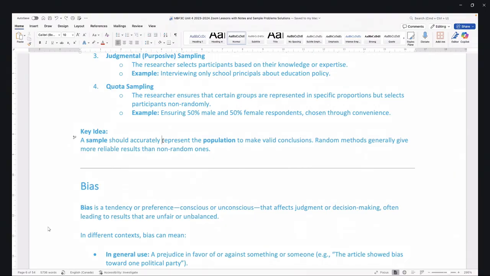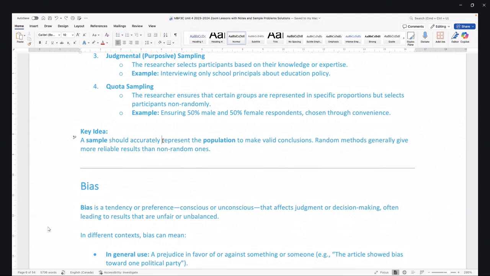But I go to a group where I know most of them are my friends, and I know that most of them are Montreal Canadiens fans. Well, that's going to be biased because not everyone's got an equal chance of being selected, and I pretty much know what the answers are going to be.